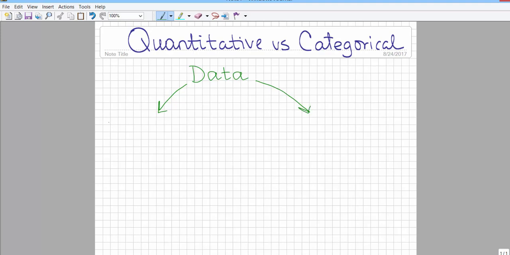It is either quantitative. Think about this as quantity, how much. This is how I really think about this type of data, how much, right? And we can also have qualitative or categorical data.